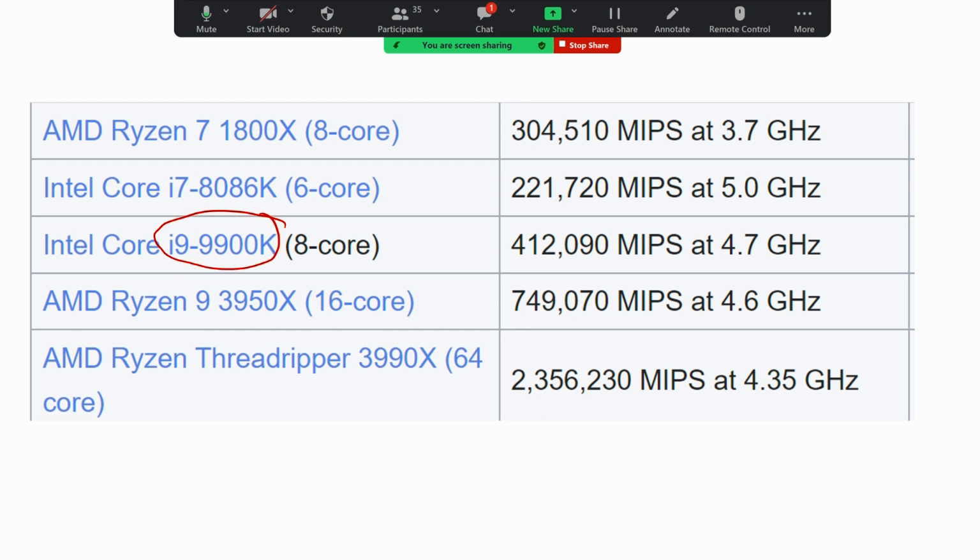I think right now we're on the 13th generation. I think the most recent series that we've seen with i9s is maybe 12,000 or 13,000 something. So 12th to 13th generation. But even then, a 9th generation 8-core Intel machine was about 400,000 MIPS.